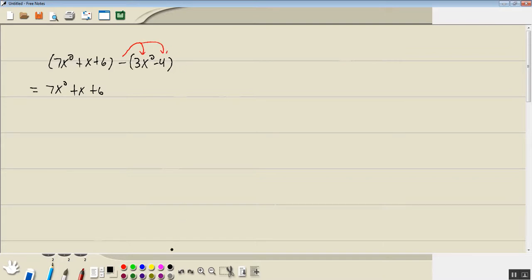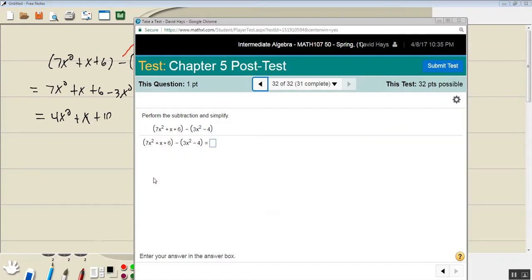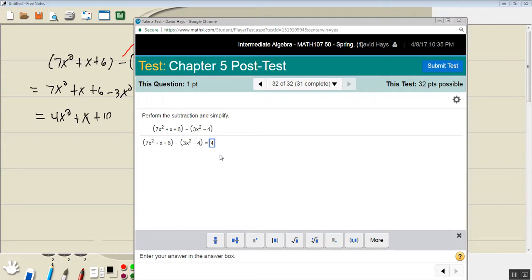So the positive 3x squared becomes a negative 3x squared, and the negative 4 becomes a positive 4. Now, 7x squared minus 3x squared is 4x squared plus x, and then 6 plus 4 gives us 10. So, let's see. 4x squared plus x plus 10.